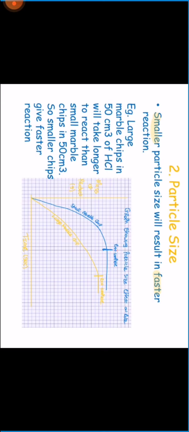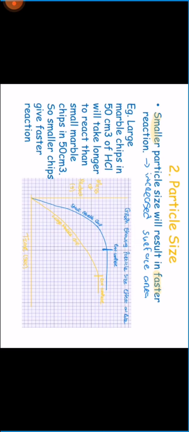Now, the main reason for this is an increased surface area. When we say increased surface area, that means there is more surface for the hydrochloric acid to react with the marble chips.